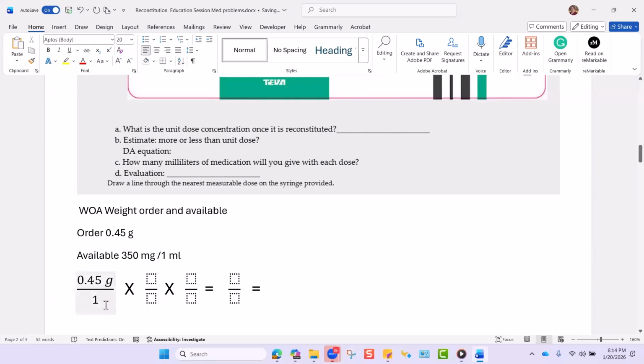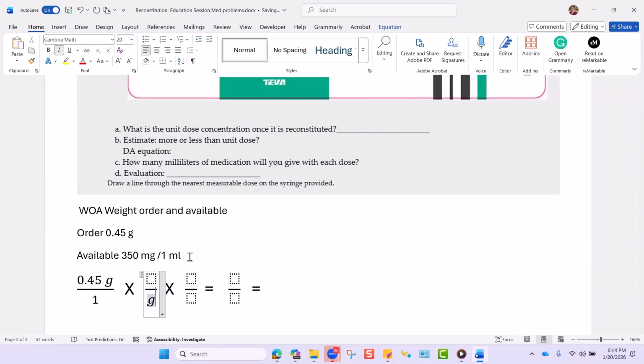All right, so now you put what was ordered and you know that grams is on top. So now all it is after this is a game of matching. Because I have grams on top, when I go down to this bottom box, it must be a gram. So now, what's in my availability? Do I have grams? No. What's it in?